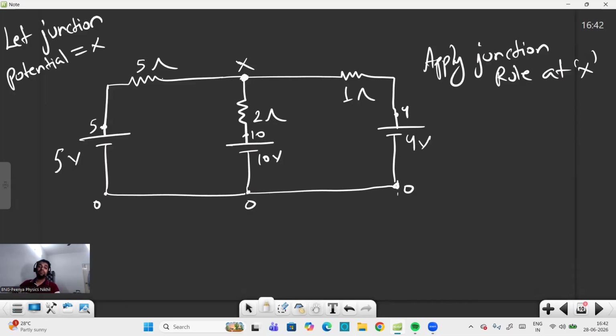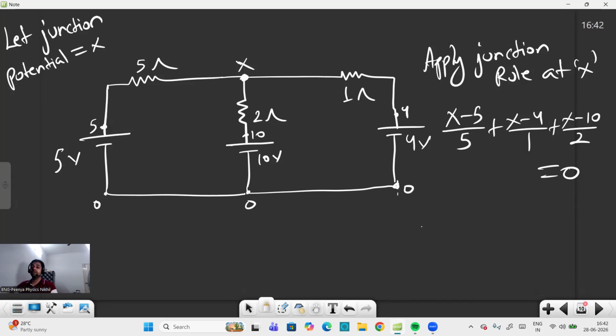So for example, in this branch, as I discussed, the sum of all outgoing currents equals 0. So (X minus 5) divided by 5 is the current in this branch. Same way we can say (X minus 4) divided by 1. Similarly, in this, (X minus 10) divided by 2, resistance is 2 here, equals to 0.